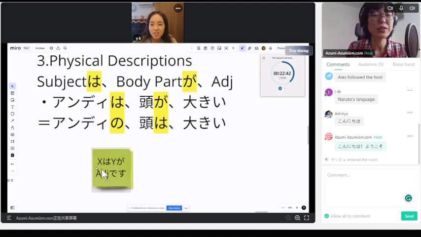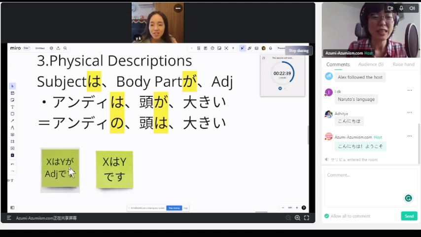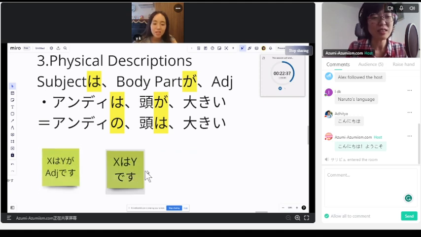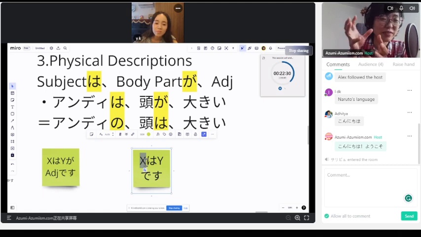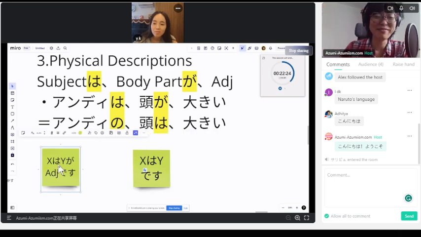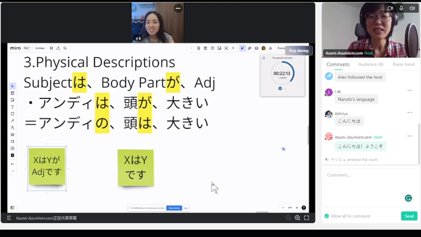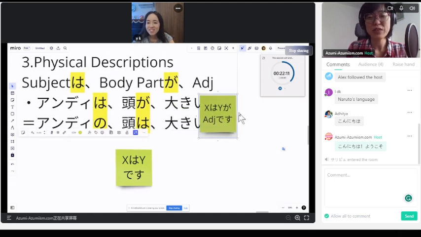Here we go. Xは Y が adjective versus X の Y は adjective. So you explain X, the element, using the no particle. But instead, in the Japanese language, we just separate them. アンディはね、頭が大きいよ。But think about it.